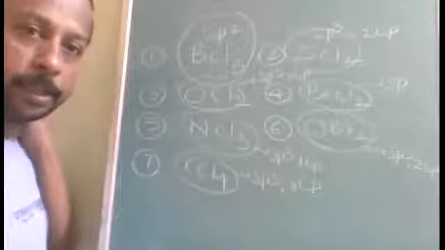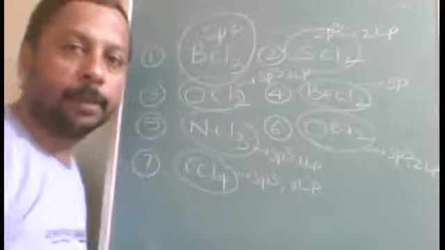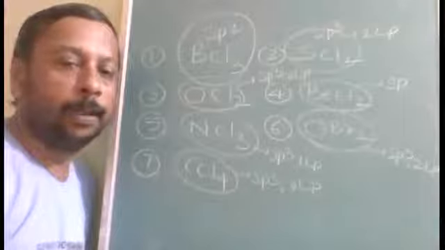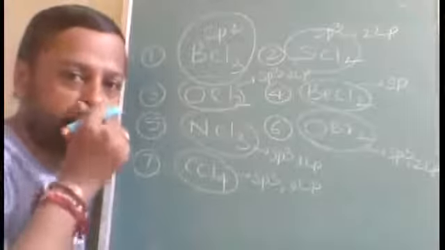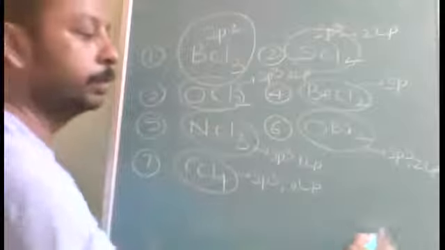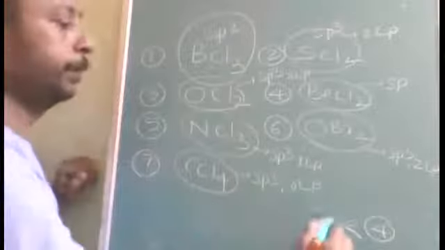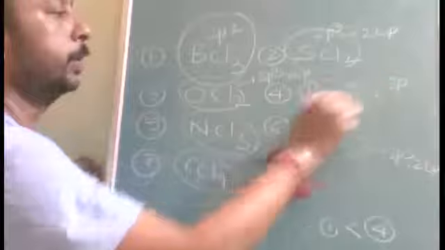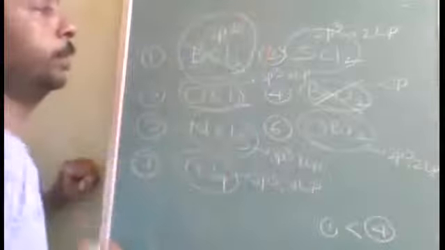So the first rule says S percentage character. S percentage character is found maximum in sp, that is the fourth. The fourth will be the highest one, 180 degree. So there is no problem with that. Then the first one and this one are sp2, sp2.